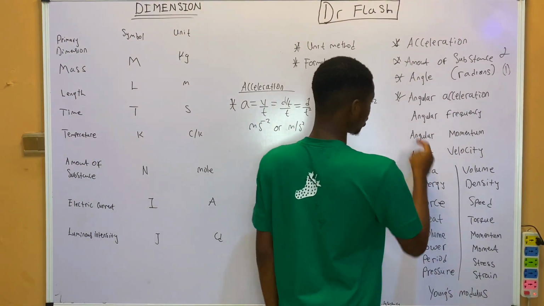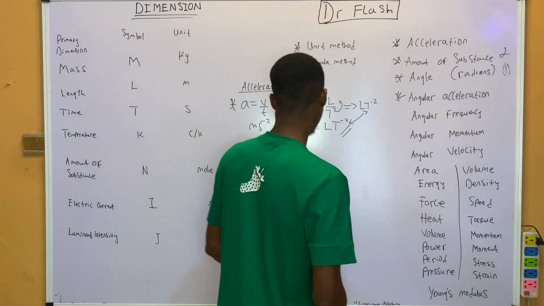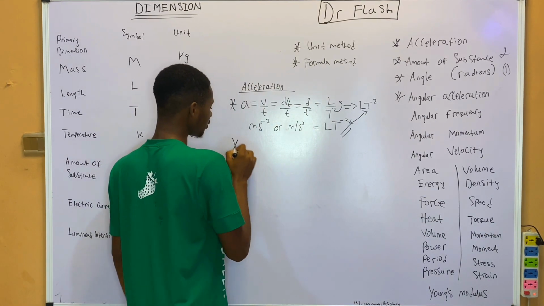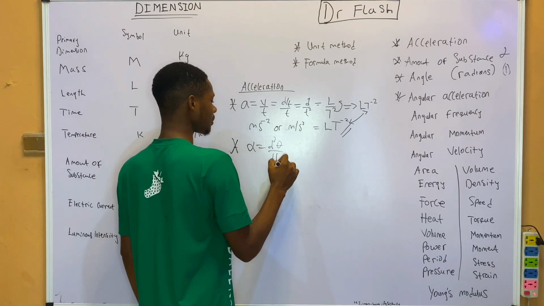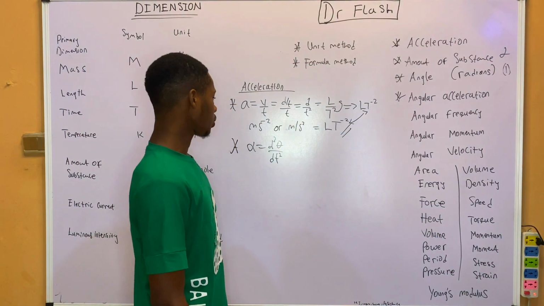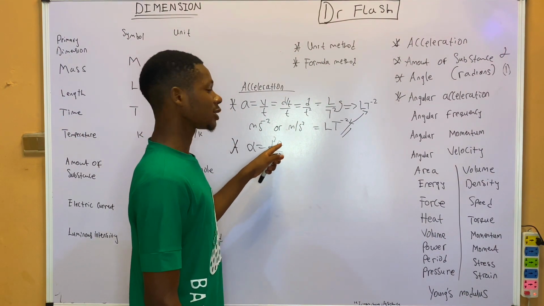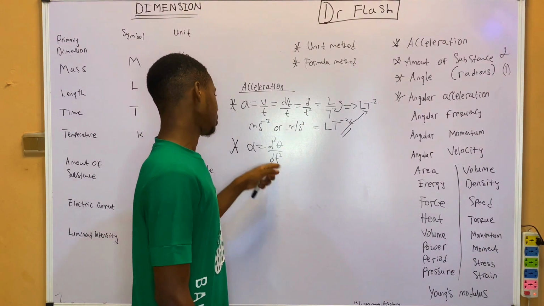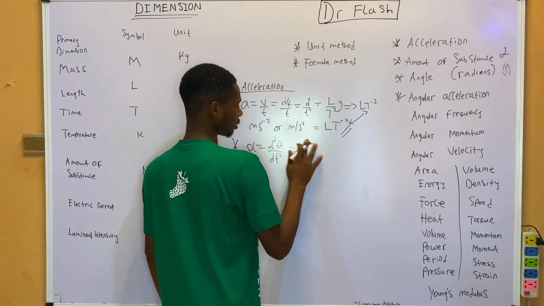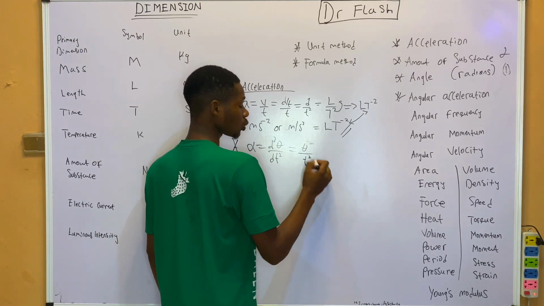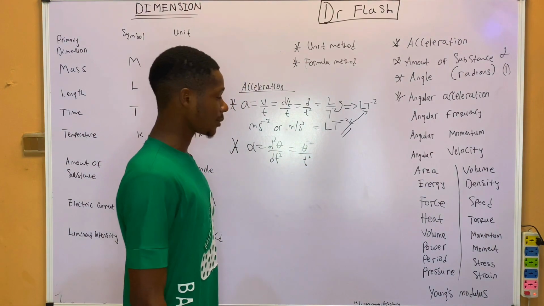And then for the next one, we have angular acceleration. Angular acceleration is the second derivative of angular displacement with respect to time, that is angular displacement divided by the square of time. We can write this as theta divided by t squared for the sake of getting the dimension.